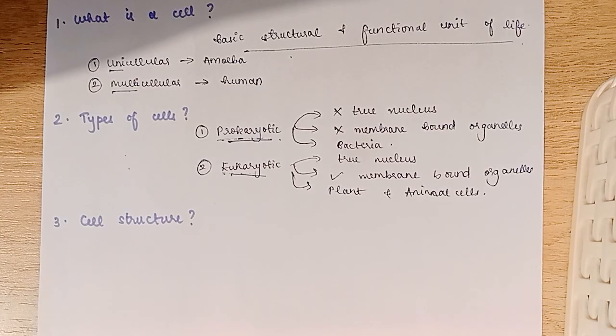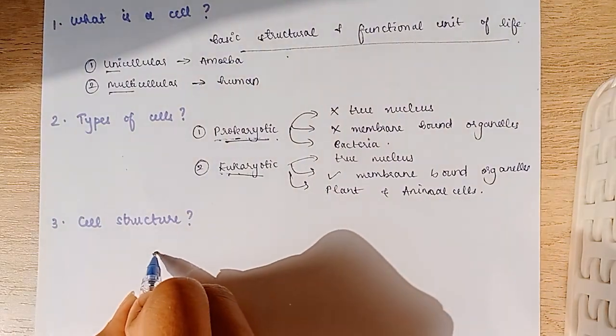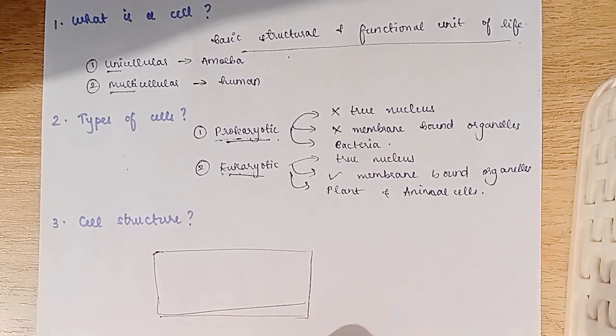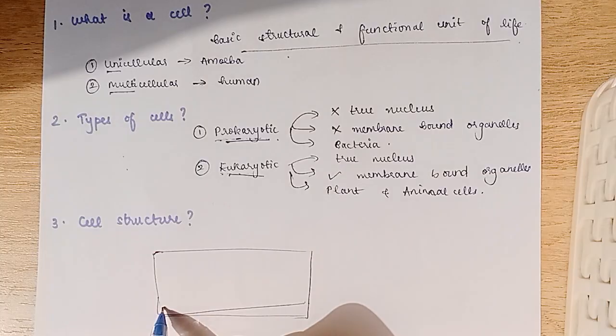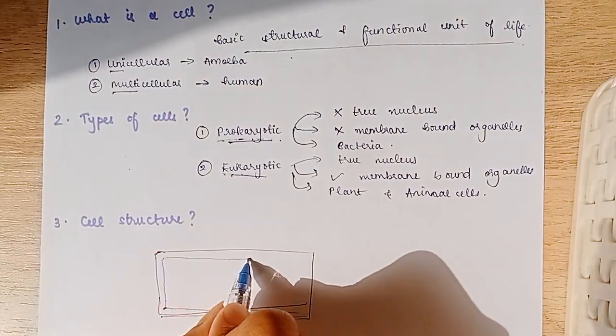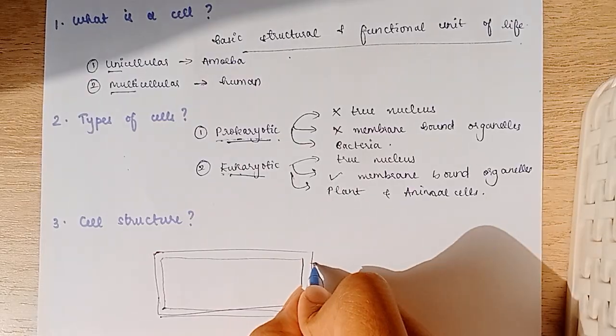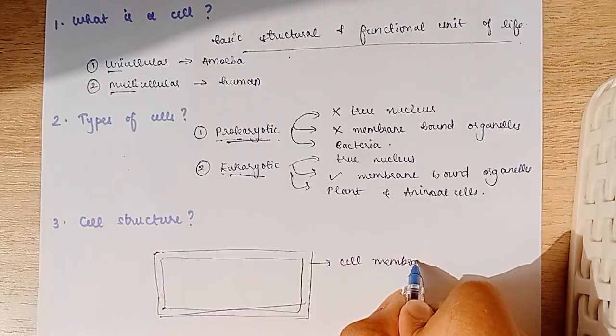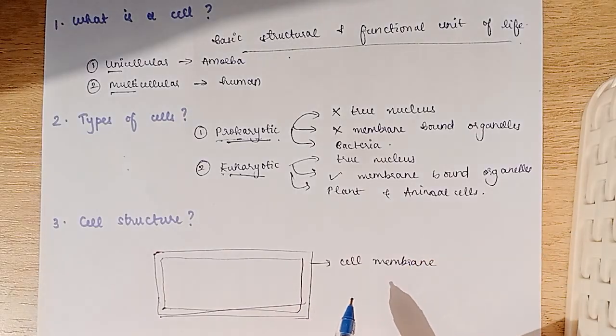Let's look at the first subtopic of this chapter, that is cell structure. Okay, so let's draw a cell. I'll draw it in a rectangle. The first structure that you'll find in a cell is a border around the cell, and this border is called the cell membrane.